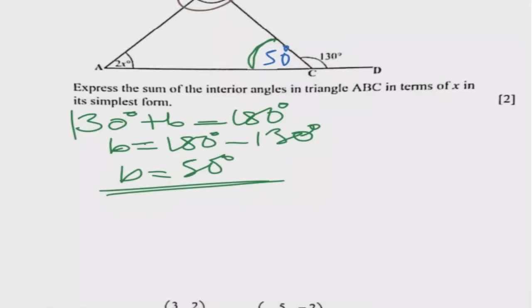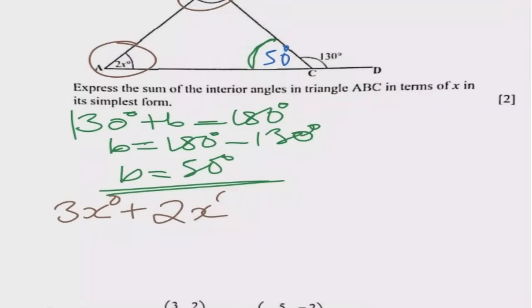On top here we have 3x degrees, plus 2x degrees, plus 50 degrees, which should give us 180 degrees.